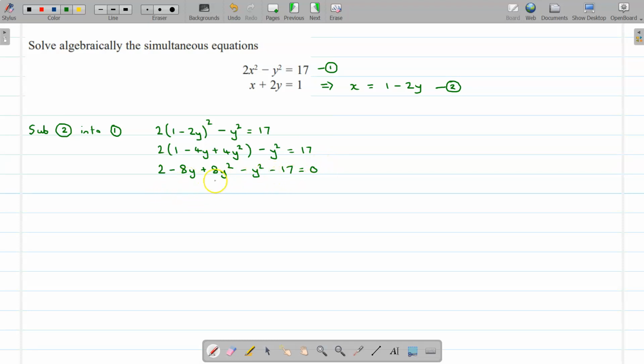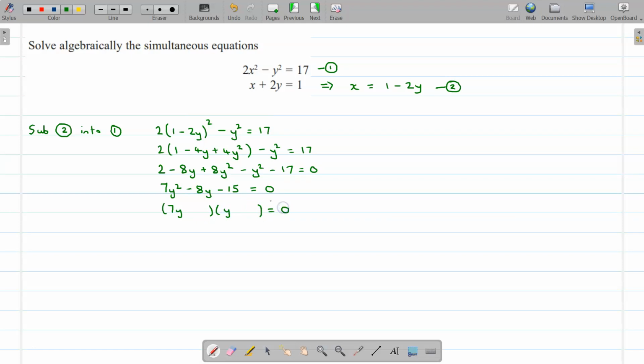Well, that gives me 7y squared. It gives me minus 8y, and it also gives me minus 15, equaling 0. Now it looks quite difficult to factorize, and it may be that you need the quadratic formula, but having said that, if it does factorize, it's going to begin with 7y and y, because they're the only factors of 7 being a prime number, you see.